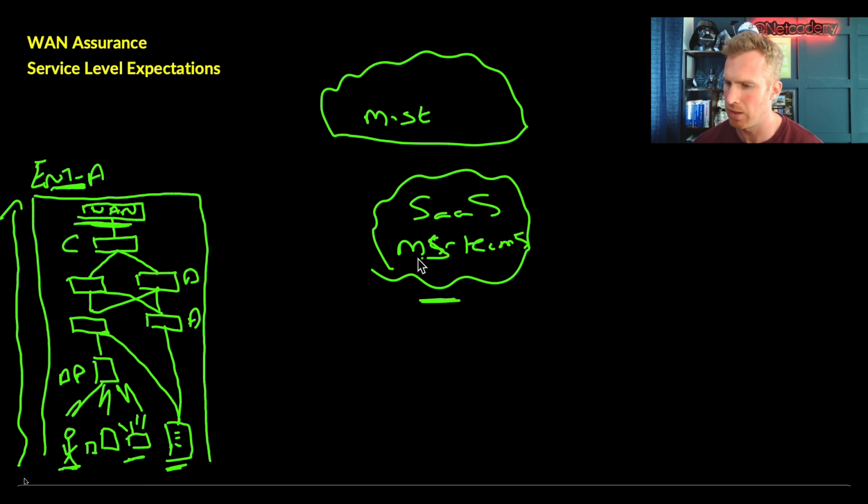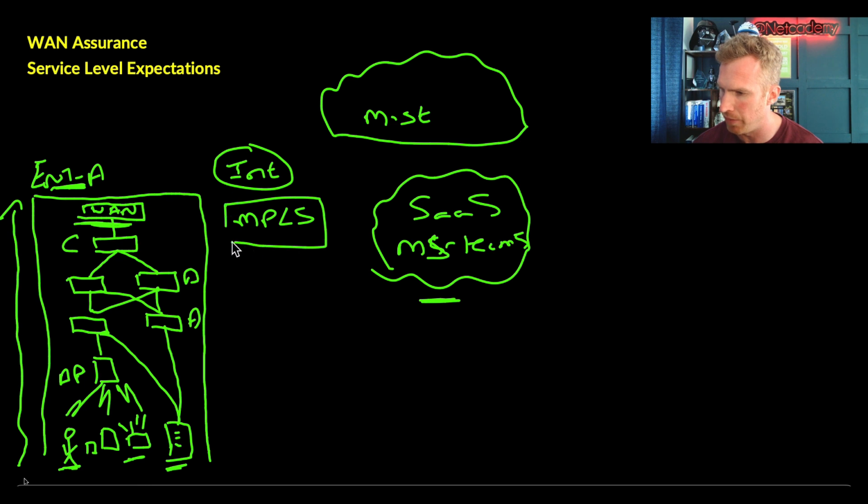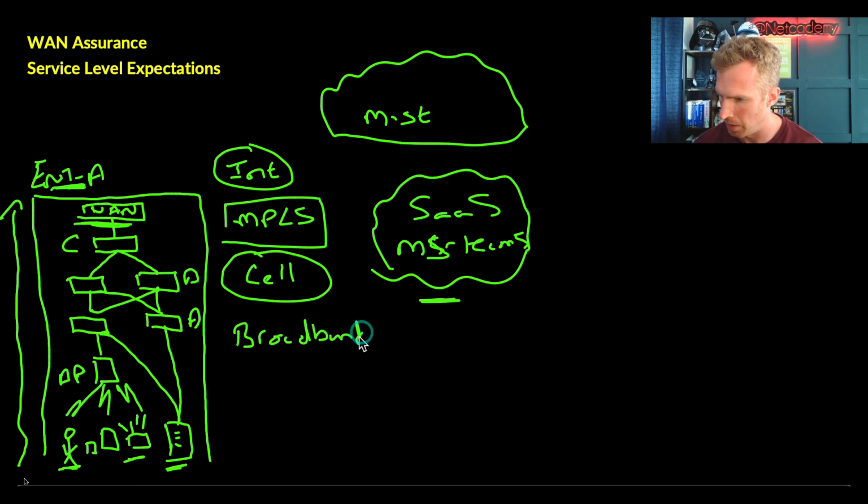Now, how is that traffic going to get from enterprise A to wherever that Microsoft Teams application is actually hosted? This comes back to what I was saying, where maybe your organization is using the internet to get to that SaaS-based application. Or maybe you're utilizing a service provider's multi-protocol label switching network, a big topic of discussion these days. Or maybe you're using some kind of cell network, or just broadband to get there.